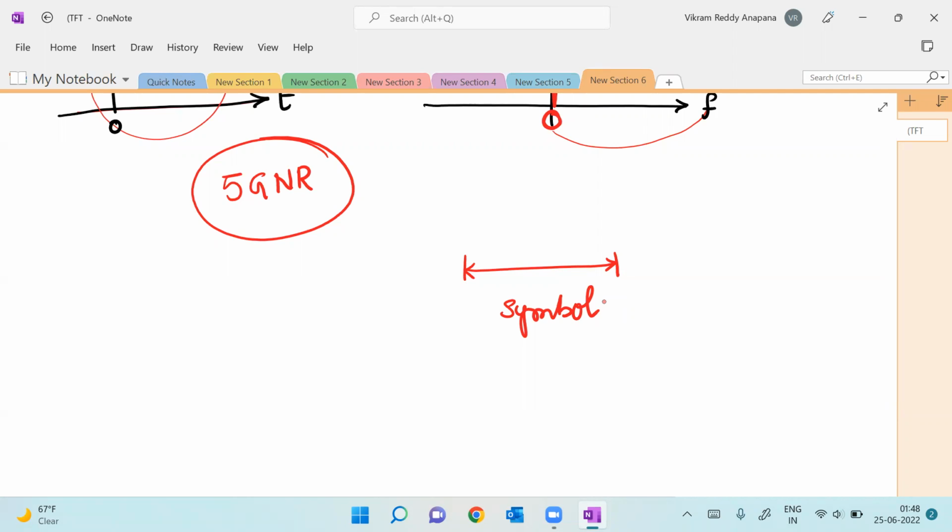The reason you have to understand is that very high data rates in very high bandwidth regions are very costly.